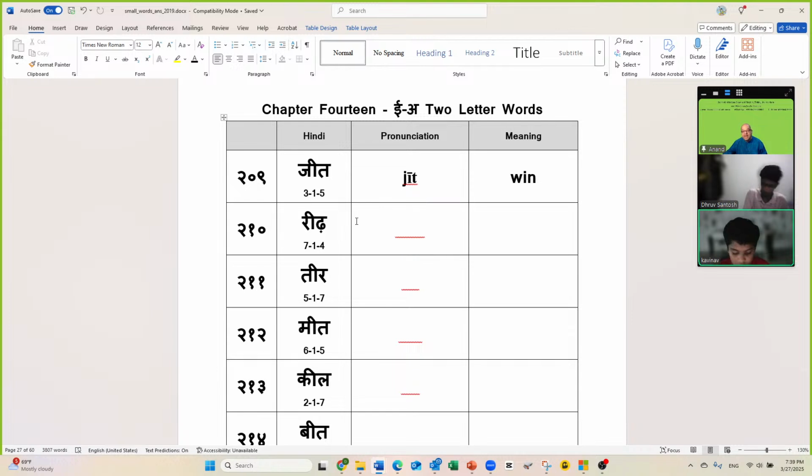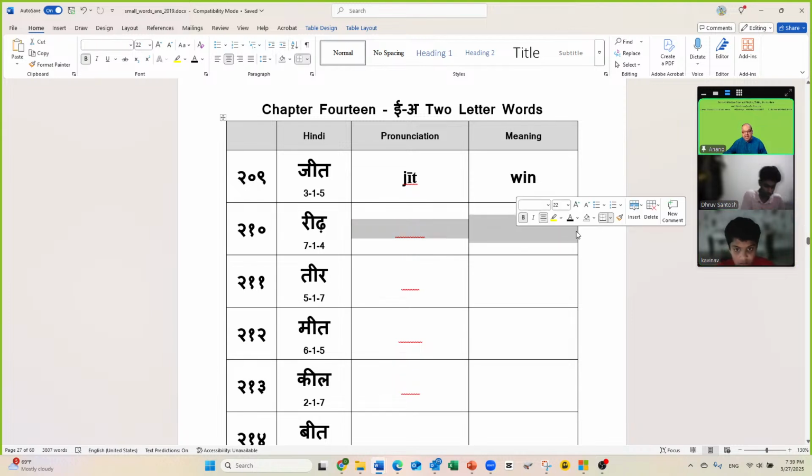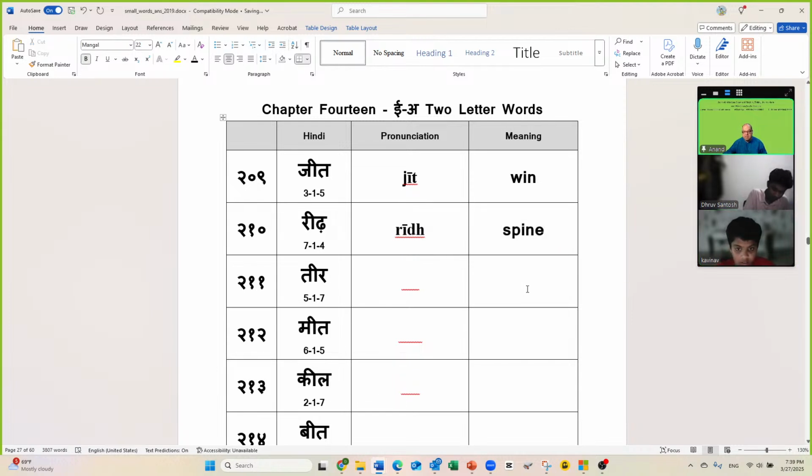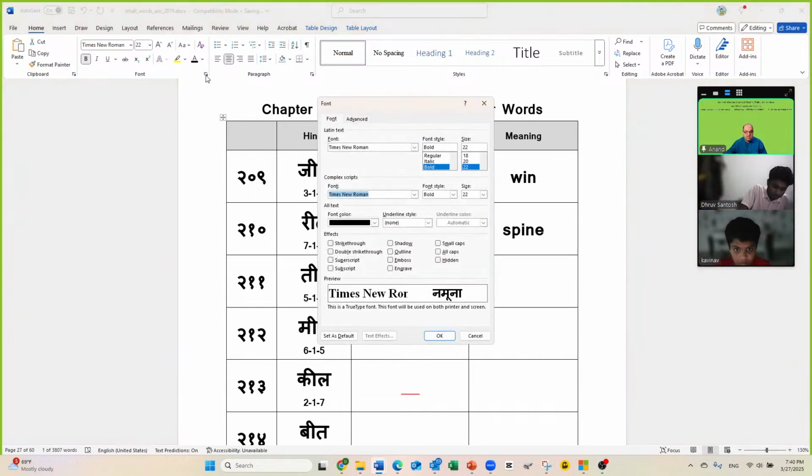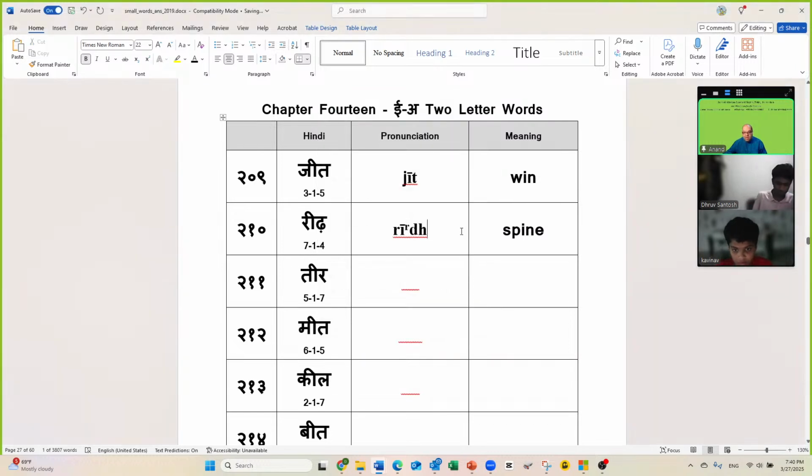Reed. And reed means spine. Isn't there an R sound, like rida? It is. Actually, I should write R here. Now, I want you all to think about this.